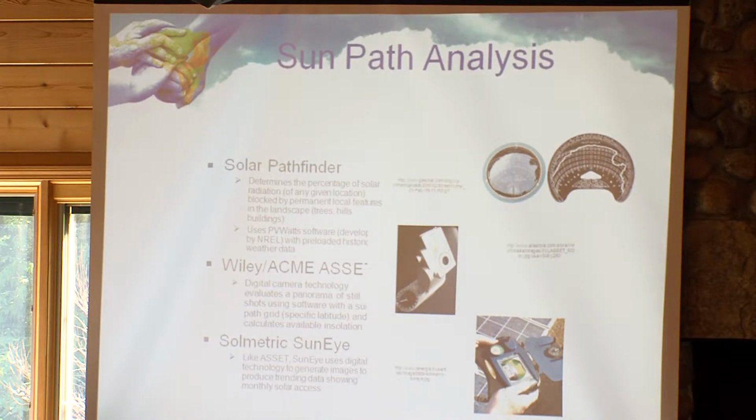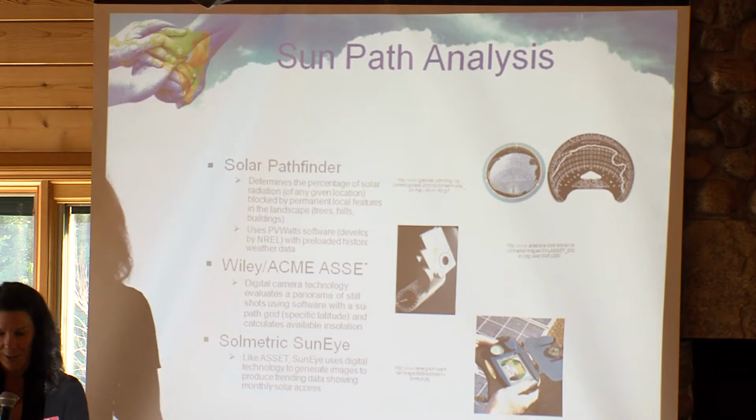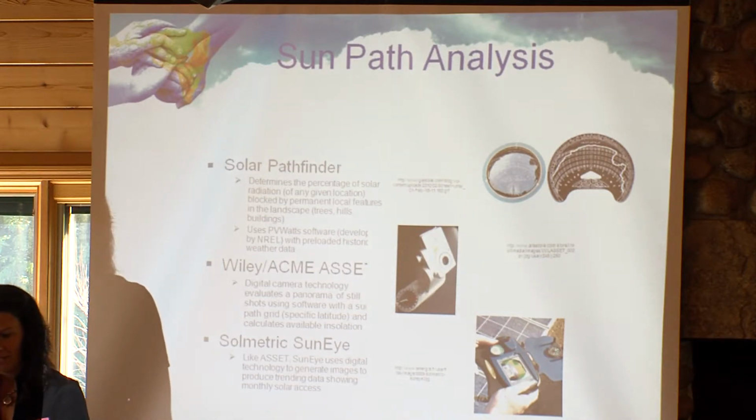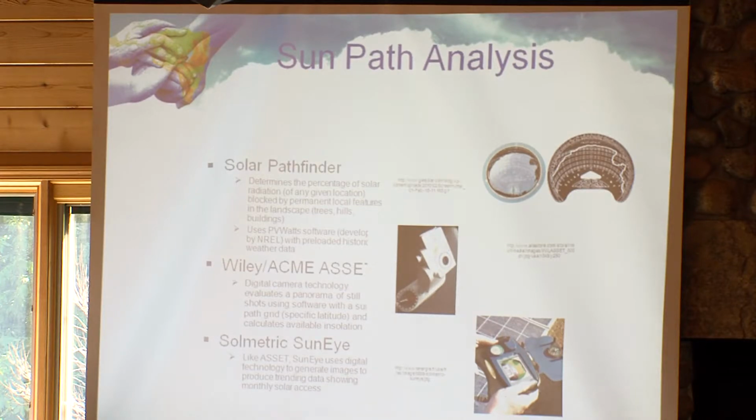And they can walk around like I like to do: okay, well, here we're going to have lots of shading issues, but gosh, look at this. If we just go over here, we still have enough sunlight. That tree off to the west is not going to be in the picture. Maybe a little bit in the late parts of the summer, but for the rest of the year, it's going to be fine. Essentially, that's what these tools do.